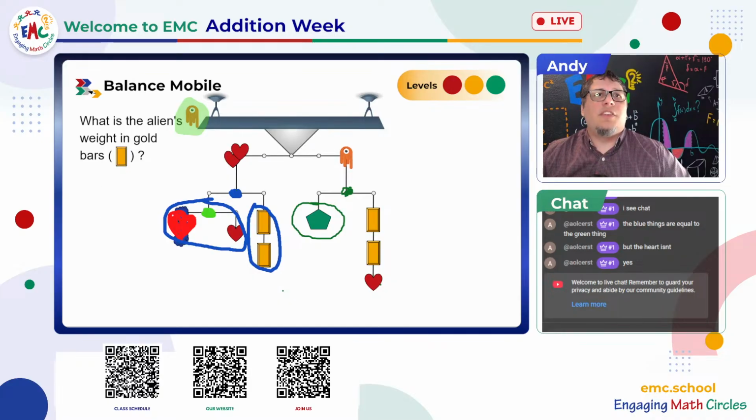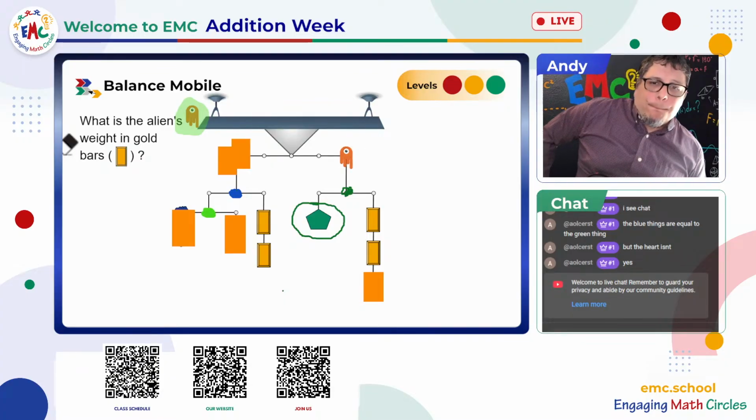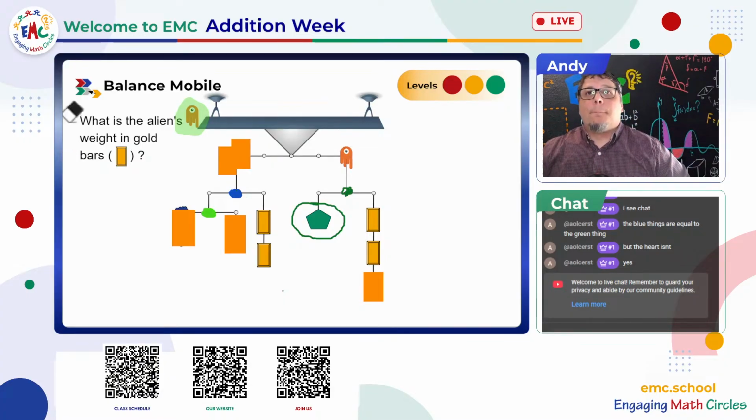So let's just replace everything with gold bars instead. That's a gold bar. That's a gold bar. We got two gold bars here and a gold bar here. And then we can replace this pentagon with three gold bars as well.